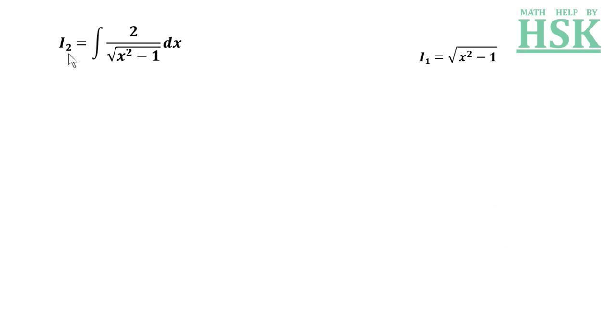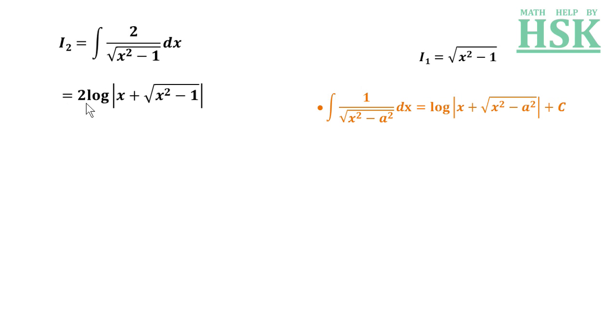Okay, so I'm going to take I2 as equal to the integral of 2 upon square root of x square minus 1 dx. We know that the integration of 1 upon square root of x square minus a square dx is equal to log of x plus square root of x square minus a square, plus c. So here the only difference is that we have 1, where it should be a square, so I'm going to treat 1 as 1 square and apply the formula.